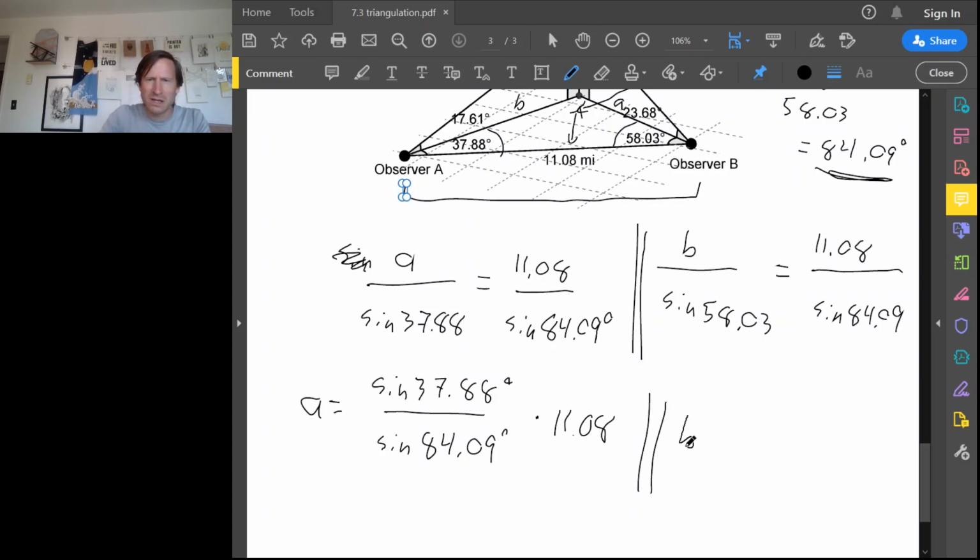And then for B, we're going to get sine 84.09 degrees over, sorry, that's not right. It's upside down. Sine 58.03 degrees over sine 84.09 degrees, all times 11.08.